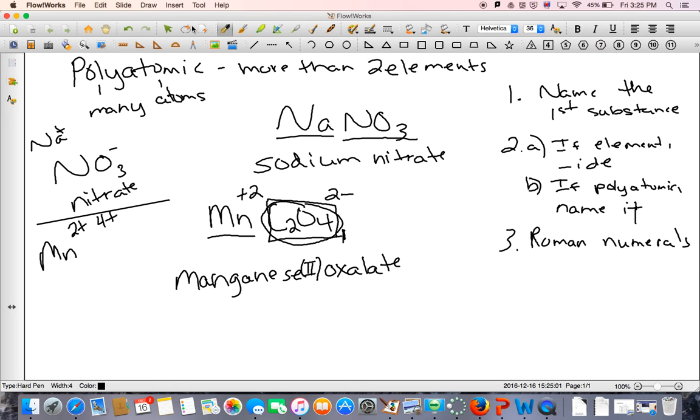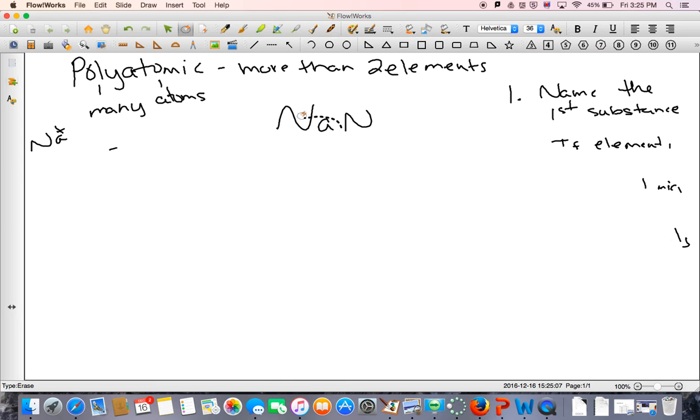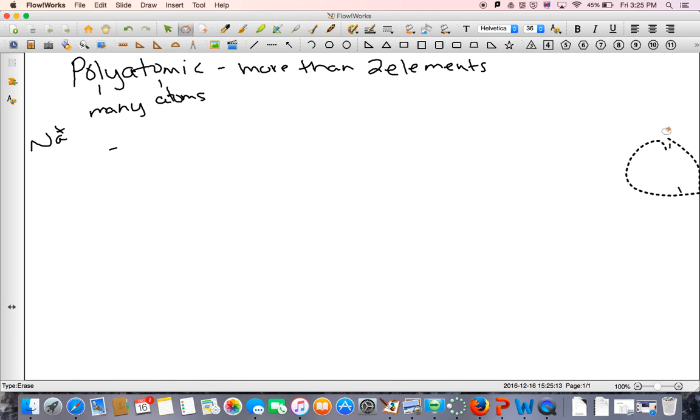Okay, let's go the other direction now, and let's do, if I give you a name, how you would write the formula, because polyatomics tend to start giving people problems with all these subscripts and stuff. All right, so let's see. I'll give you magnesium hydroxide as a name to start.